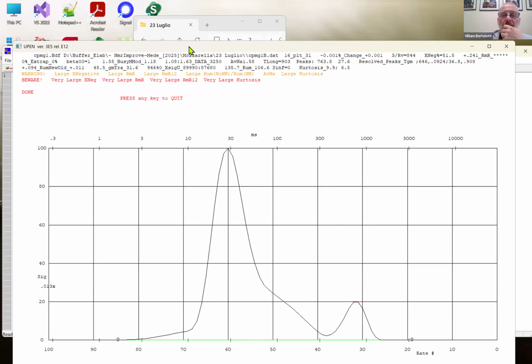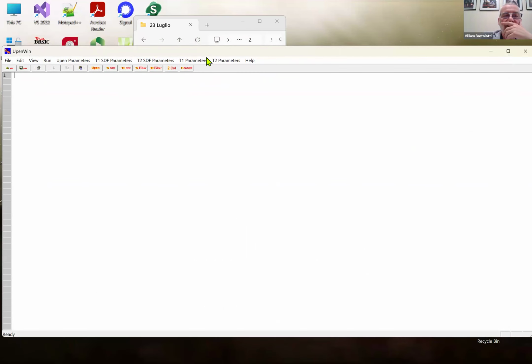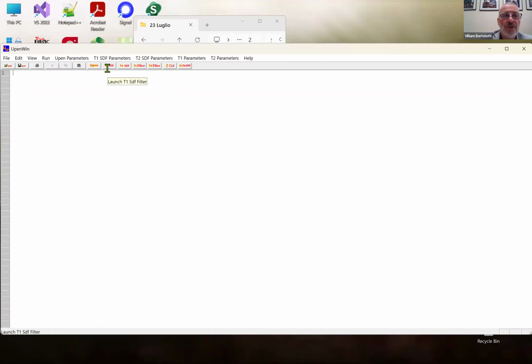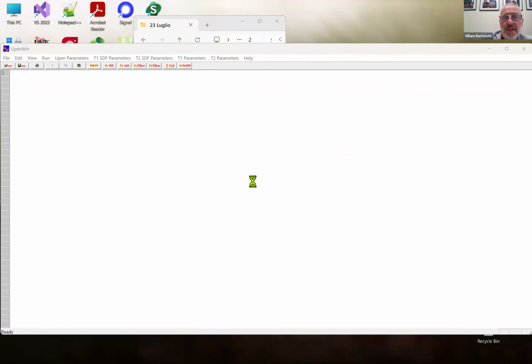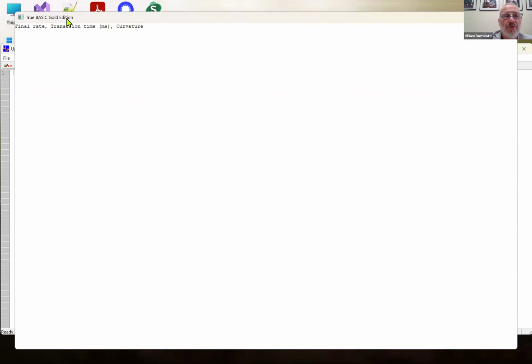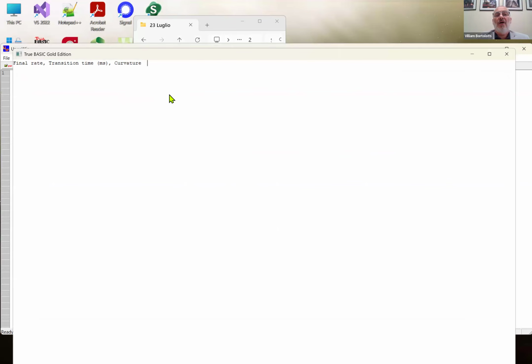We can also fit the inversion recovery. Inversion recovery uses another specific filter. This filter is more complicated because it allows you to work also on solids, not only on liquids.